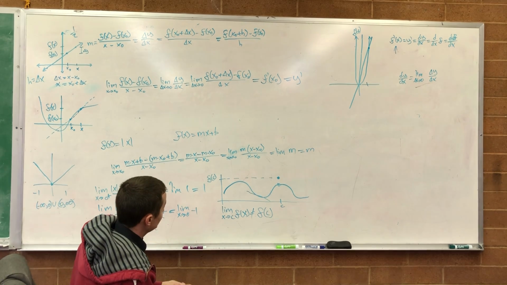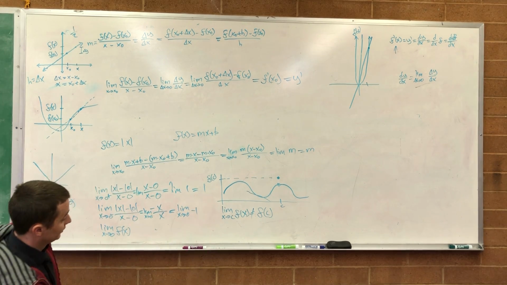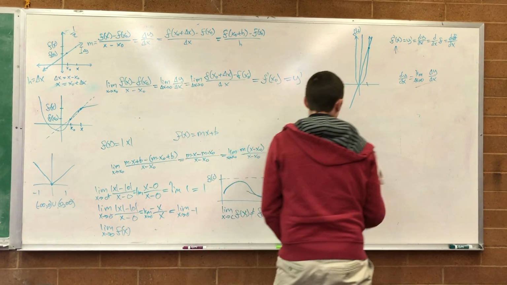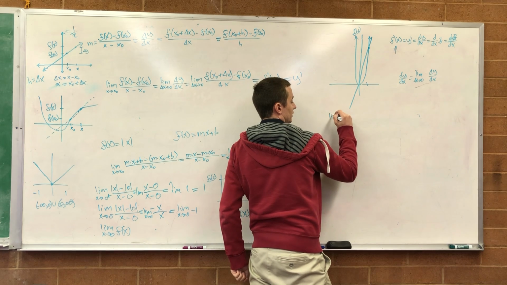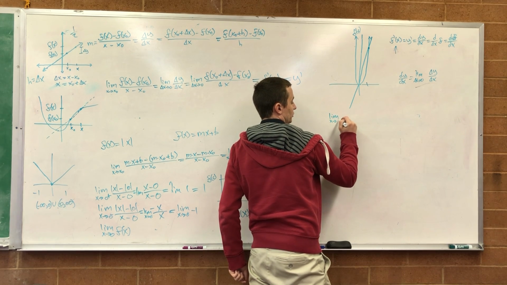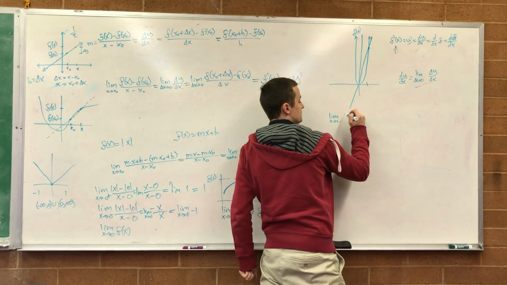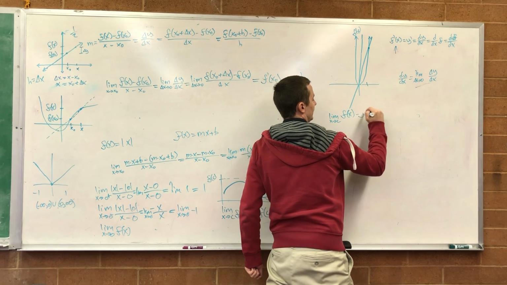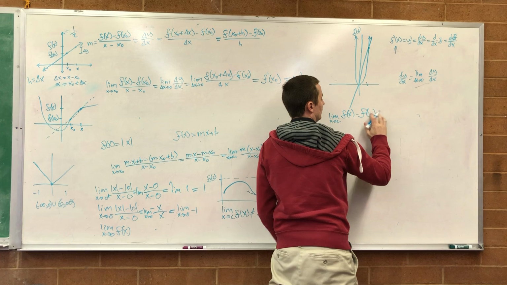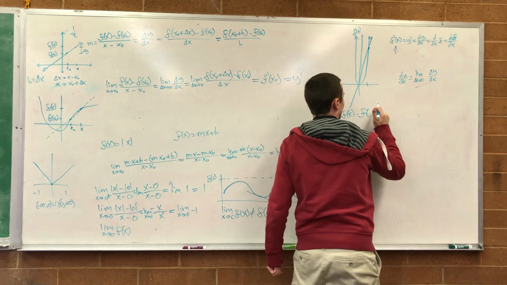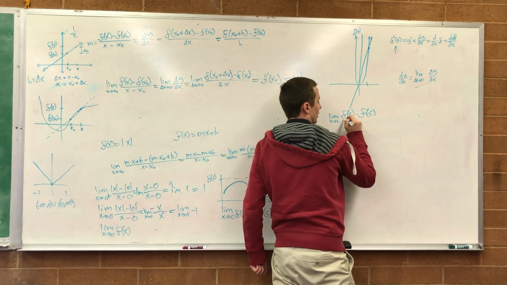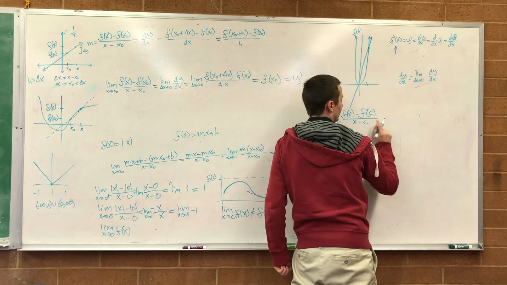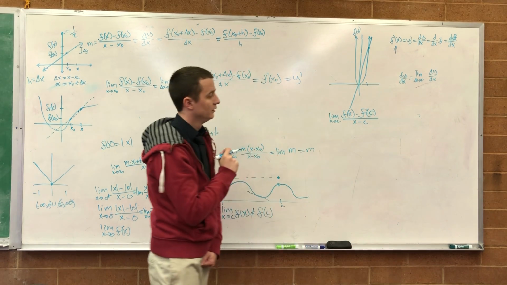So I'm given that the limit as x approaches c of f of x minus f of c, all over x minus c, exists.